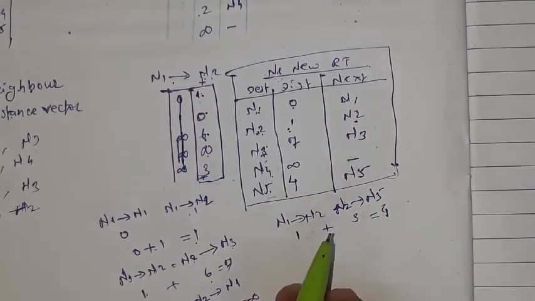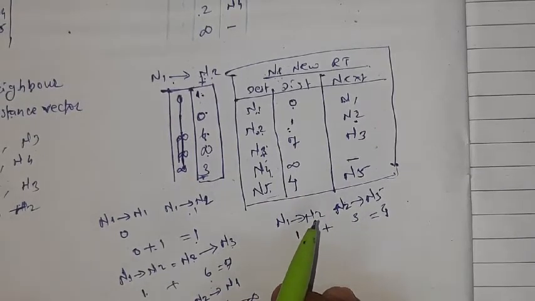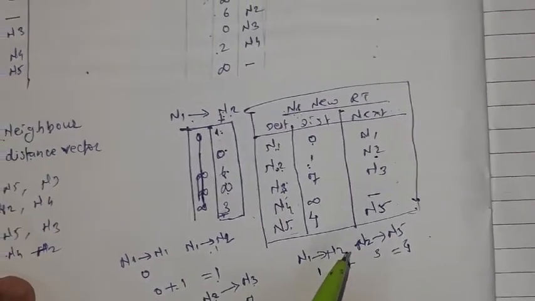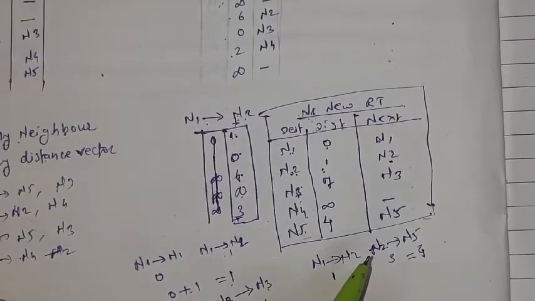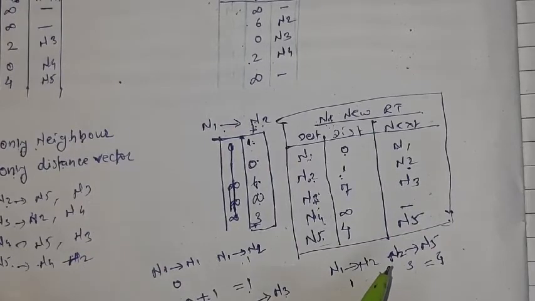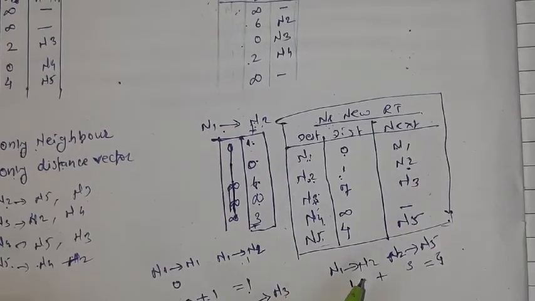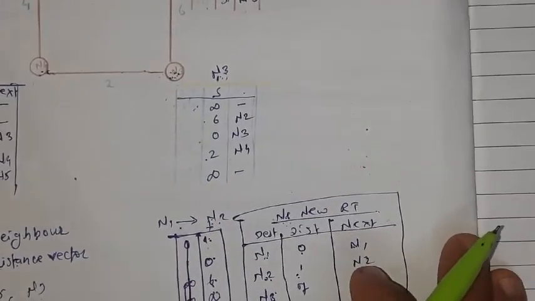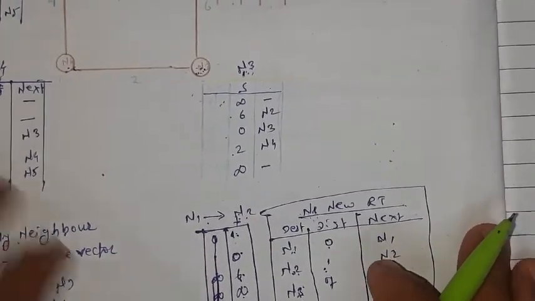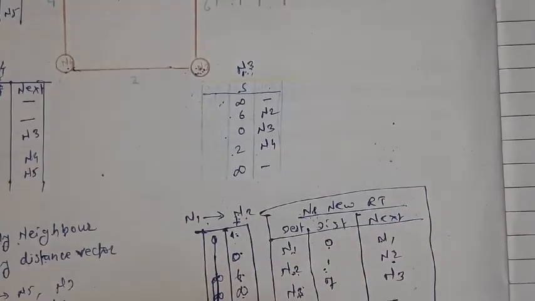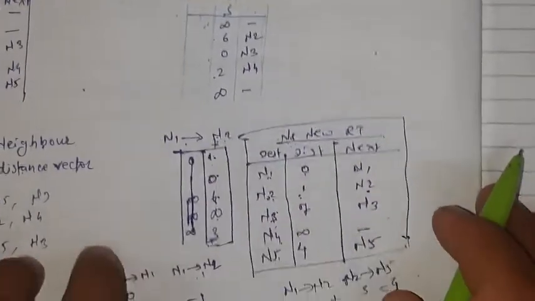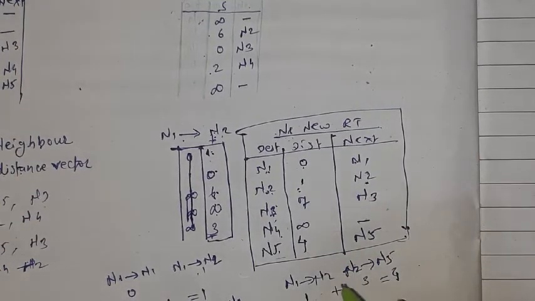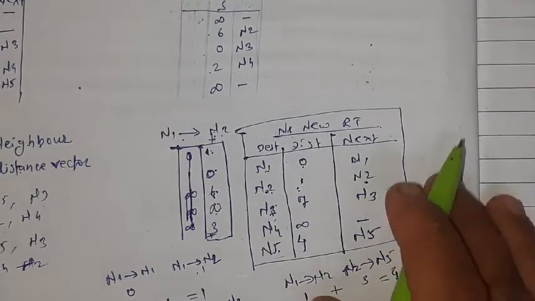I will try to resolve your problem, or I will try to make another video on this same problem if you are not able to understand it. But I hope if you try to solve the rest of the routing tables, then definitely you will do it. Whatever your opinion, you can ask me in the comment box.